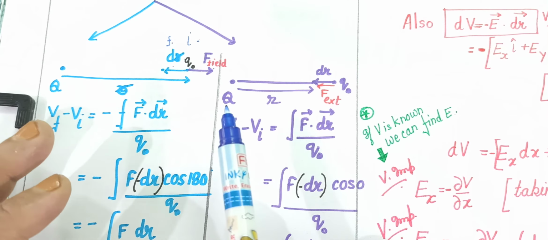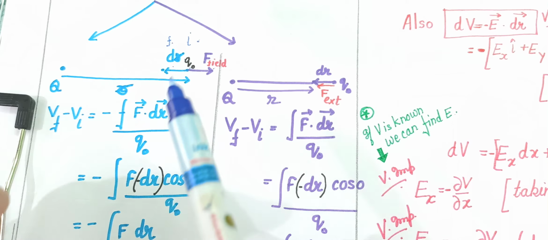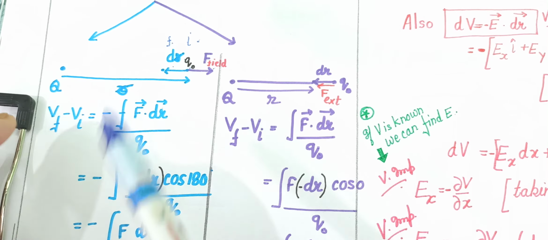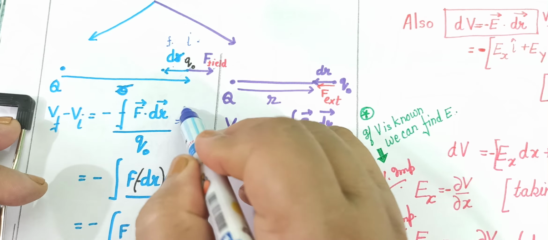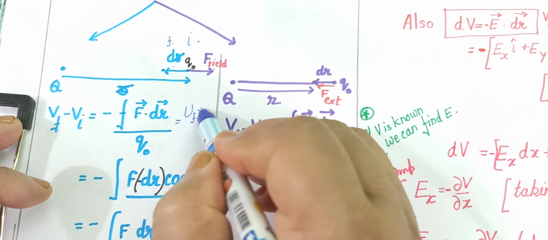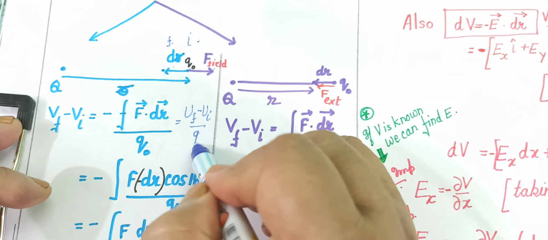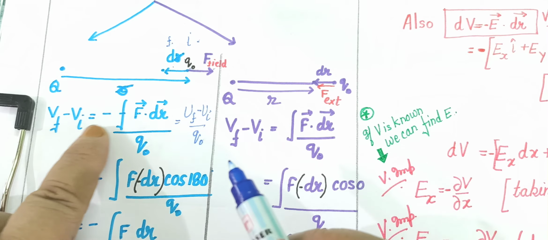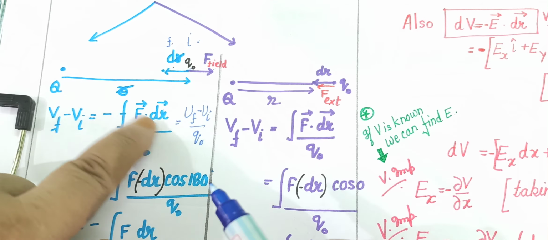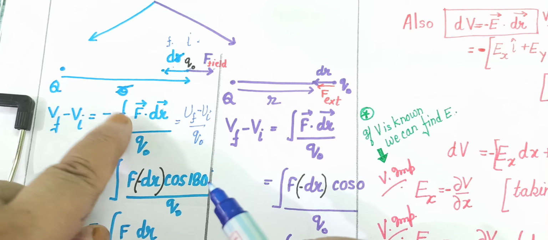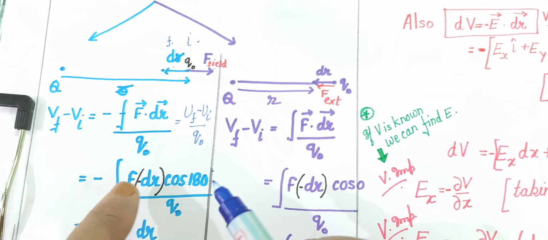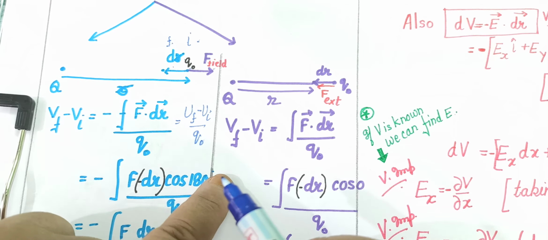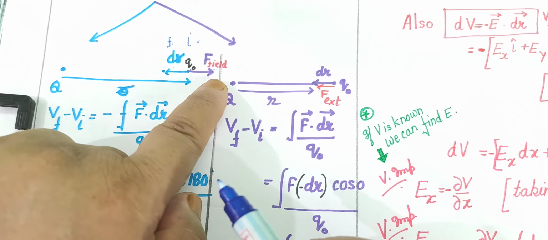Is it clear, beta? Now let me come to the definition of potential difference. Potential difference is equal to change in potential energy upon Q naught. But change in potential energy is minus work done by the field. And work done by the field is F dr cos 180, because they are opposite to each other.